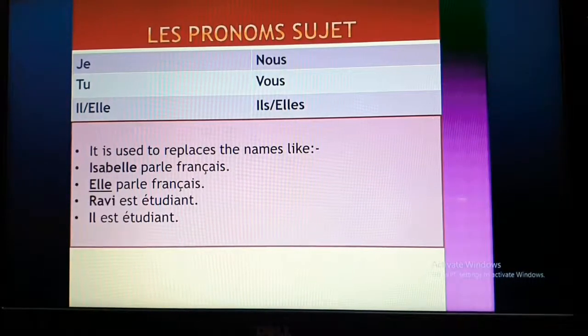Okay, then Ravi est étudiant. So Ravi can be replaced by the subject pronoun, that is Il est étudiant. So this was the first pronoun, the subject pronoun, when we replace the names with this pronoun.